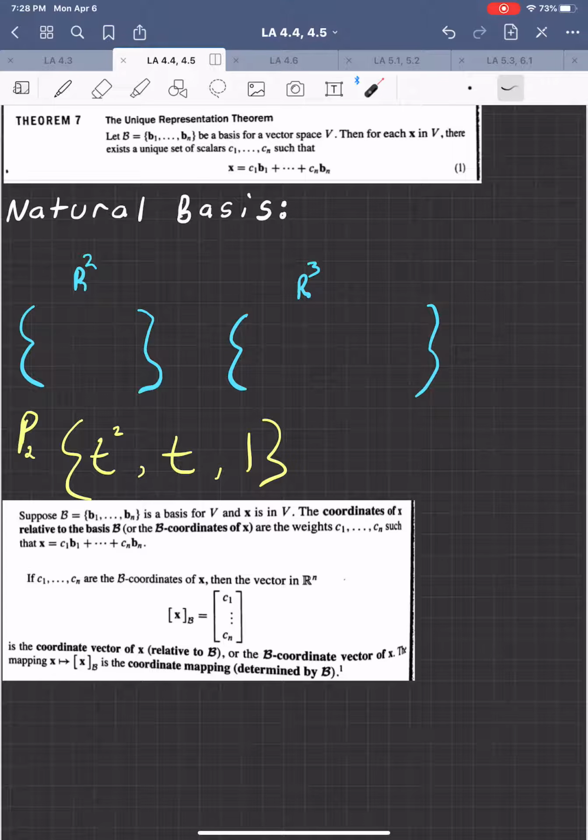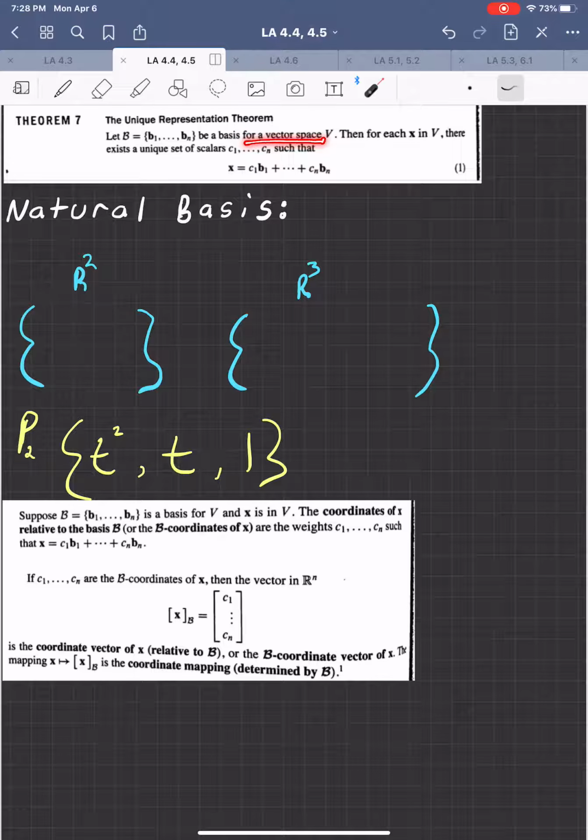So our theorem 7, the unique representation theorem. What does that say? It says let B equal the following vectors. And what we're saying is let these vectors be a basis for a vector space.